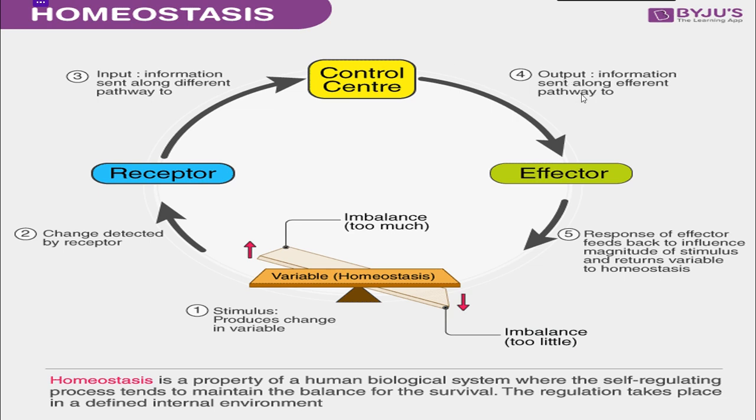Now the information is sent along the efferent pathway to the effector. The effector brings about the response, and the effector feeds back to influence the magnitude of the stimulus and returns the variable to homeostasis. That is number five, bringing about what we call balance or very little change.